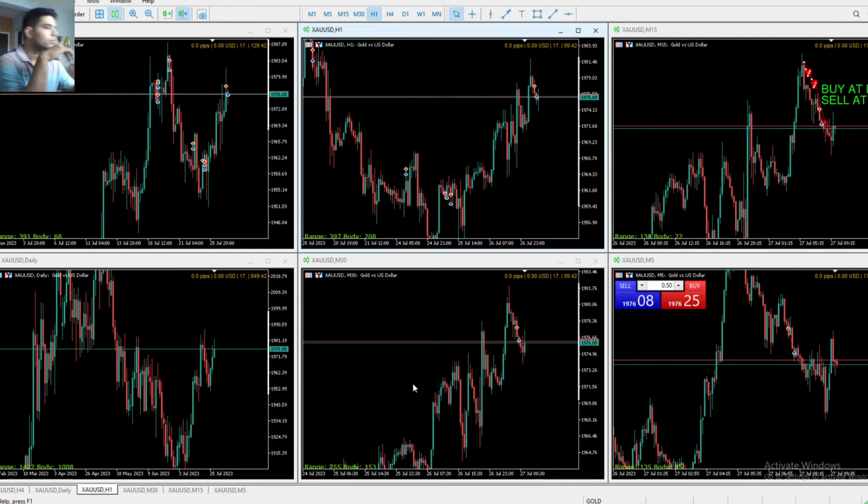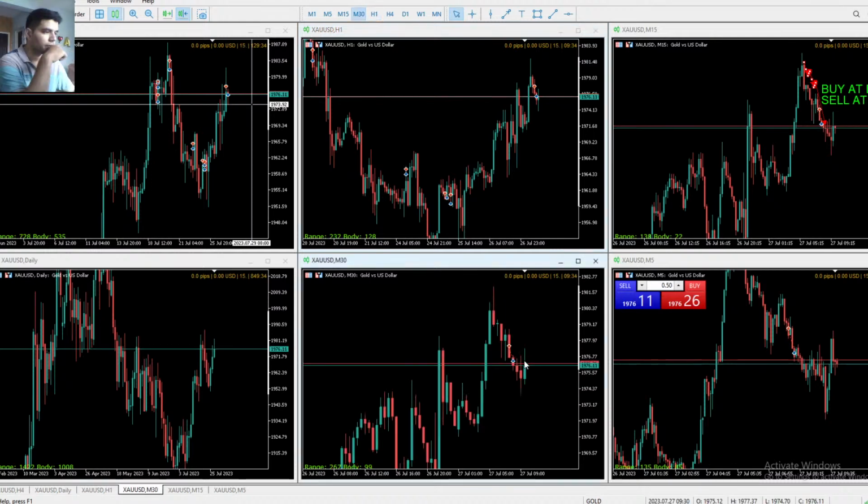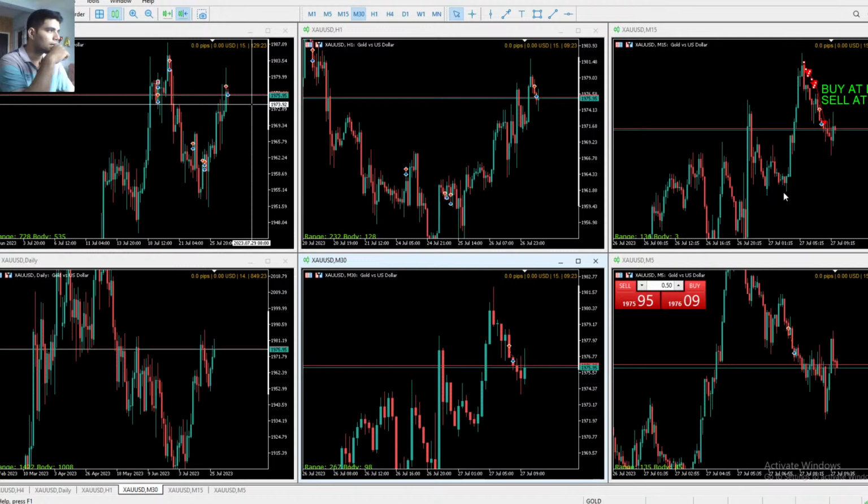If this 30-minute candle closes like this with a nice top wick and green candle, we can look for our early entry from the M5 and M15. But let's wait. This green candle has already breached above the high of the previous red candle.